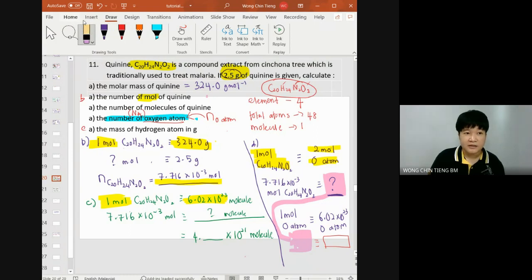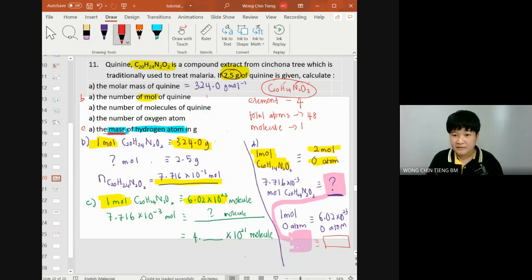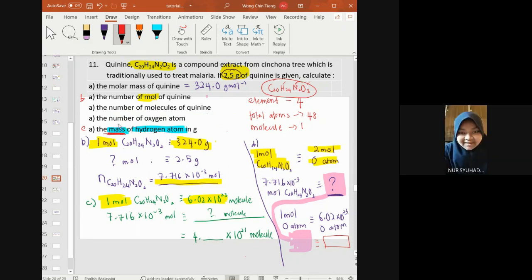Kita tak bincang soalan D, soalan last. Let's see. If the last question over here asking about mass of hydrogen atom. Sayang, soalan nak mass. What do you think we are going to use to compare to get the mass? Anybody? Syuhada ada bersuara? Syuhada? Molar mass.